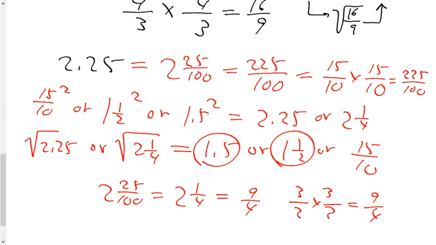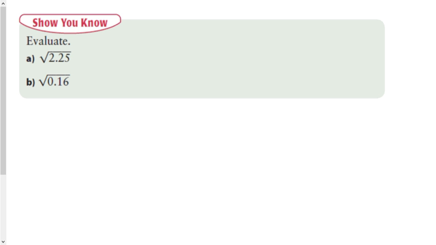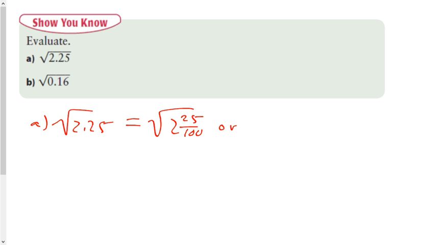Let's go on to our next exemplar. Okay, now we have the reverse of it. So we have evaluate 2.25. We just did this exact one, so it's going to be really easy. For A, what is the square root of 2.25? I'm going to say, what is the square root of 2 and 25/100ths? Or, as Gracie just did, the square root of 2 and 1/4, if I reduce it to lowest terms.